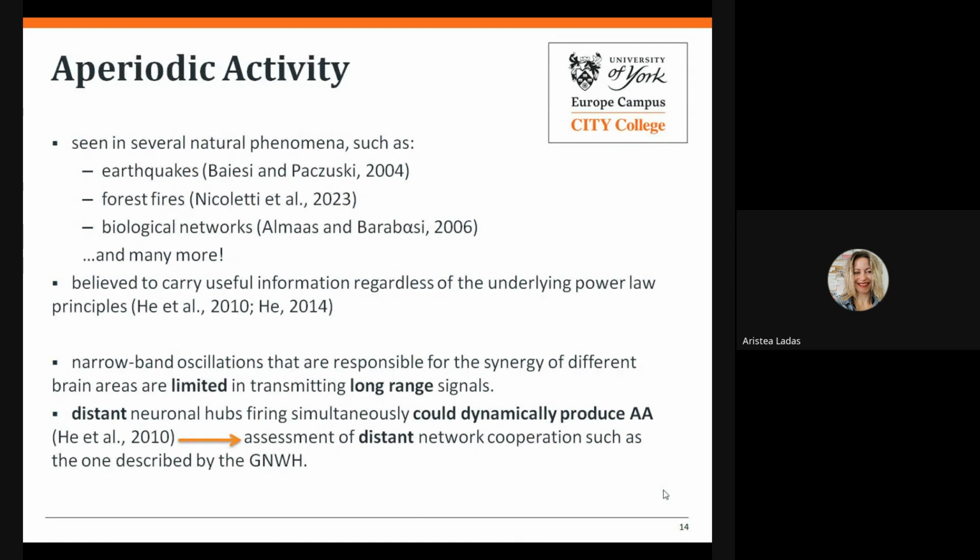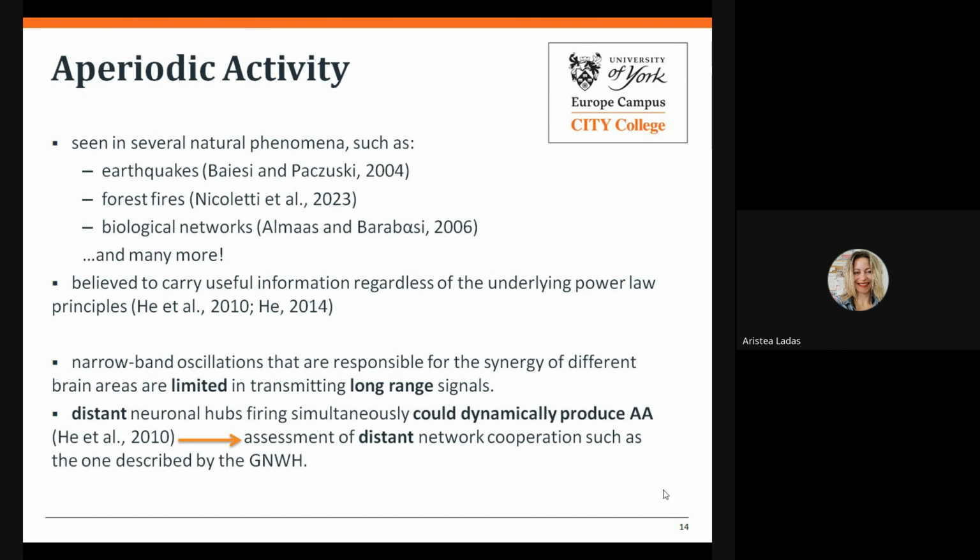Why not for consciousness? Also, narrowband oscillations that are responsible for the synergy of different brain areas to have an end result of consciousness are limited in transmitting long-range signals, whereas distant neuronal hubs firing at the same time could dynamically produce aperiodic activity.